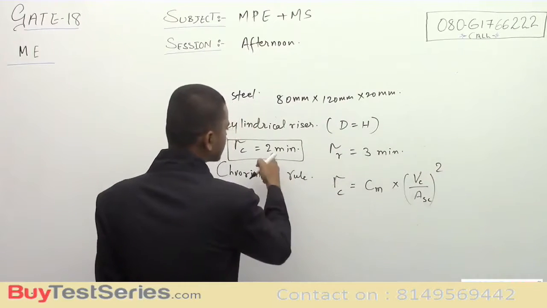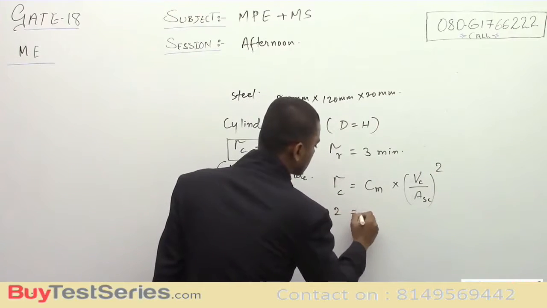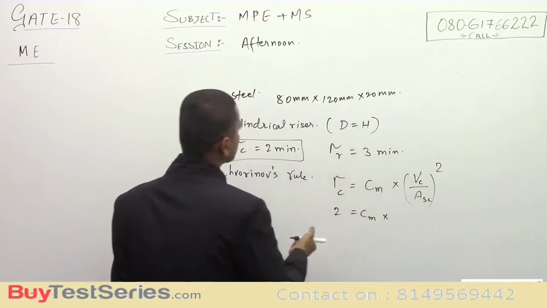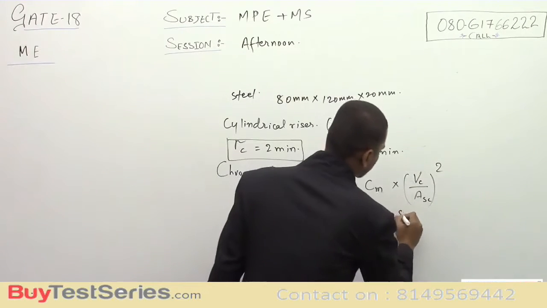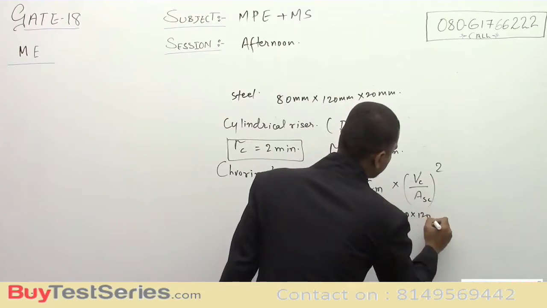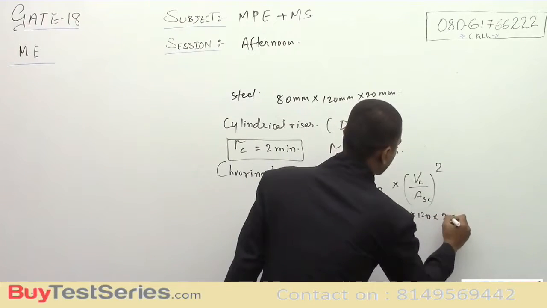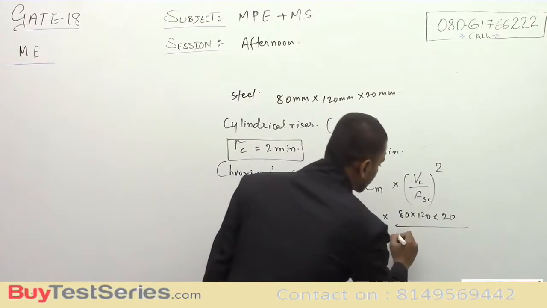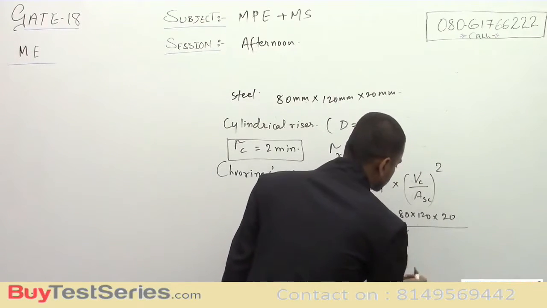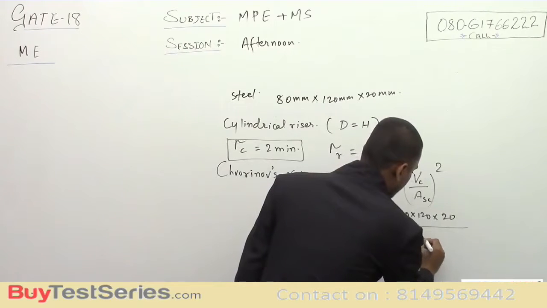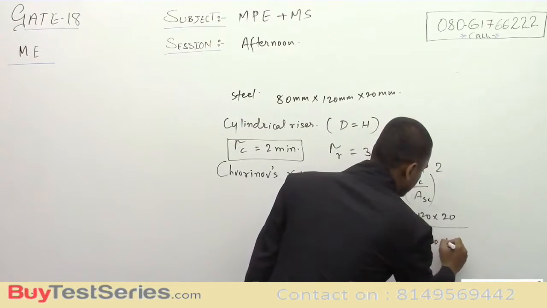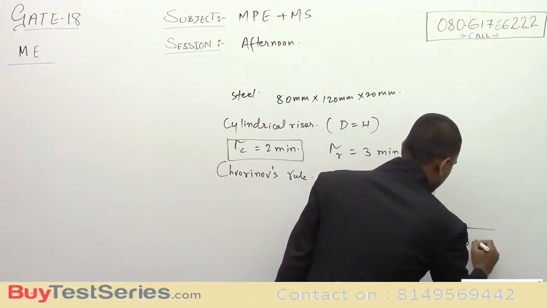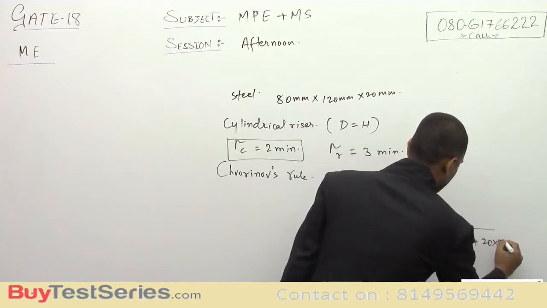So the solidification time is given as 2 minutes. So 2 is equal to Cm, we don't know the value of the mold constant, into its volume. Volume of the casting will be 80 into 120 into 20 upon its surface area, which will be 2 into (80 into 120 plus 120 into 20 plus 20 into 80).